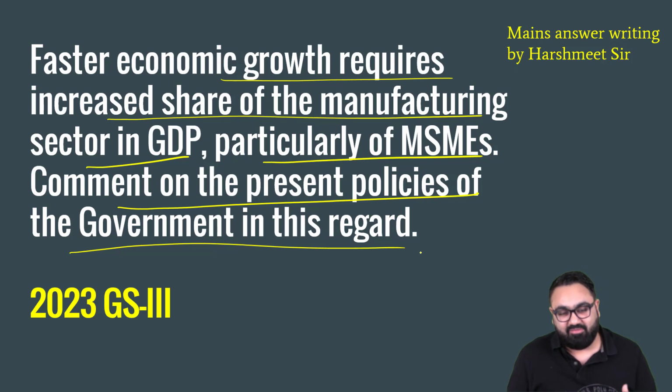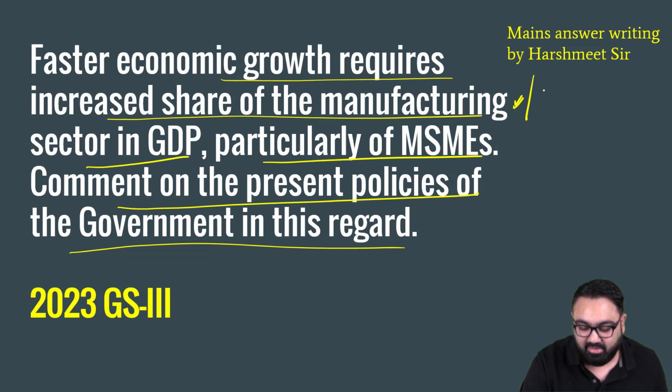Now, I keep on saying every single time that there are some common repetitive themes from the side of the government which will always appear in the examination every single year. There are some questions that keep on repeating in different forms. For example, manufacturing is one of those questions. Floods is one of those questions. Then there are always questions about, let's say, inflation, and about the problem of unemployment.